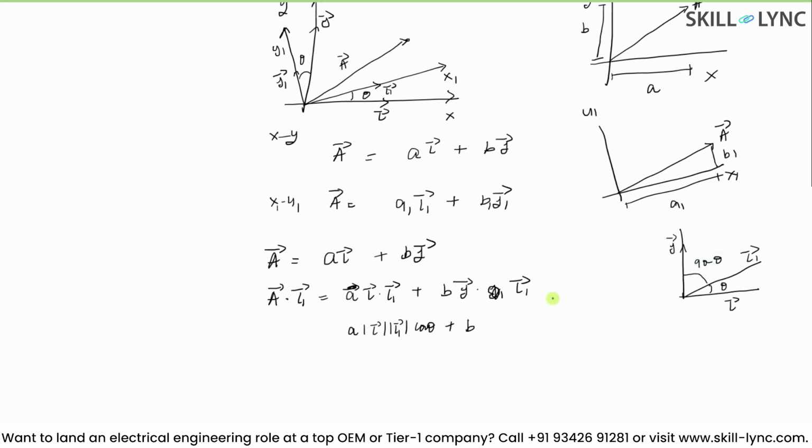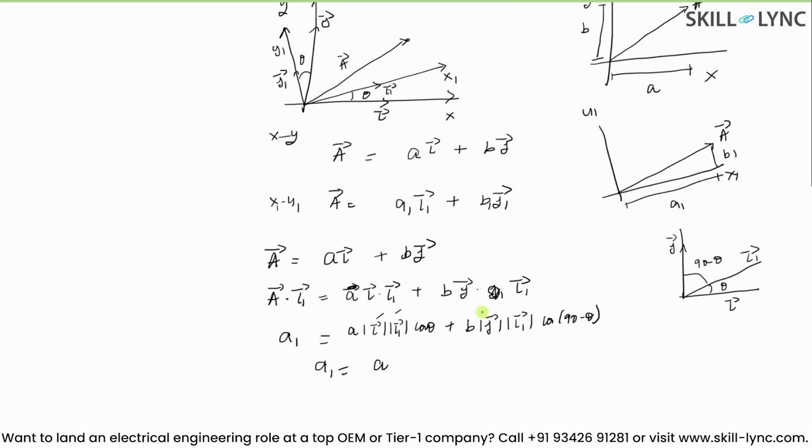So in other words, if I'm trying to compute the dot product, it's very simple: it's the magnitude of j vector multiplied by the magnitude of i1 vector times cos of 90 minus theta. So what is a vector dot i1? Well, that's going to be a1, correct? So a1 is going to be a times the magnitude, and all the unit vectors are always going to be 1.